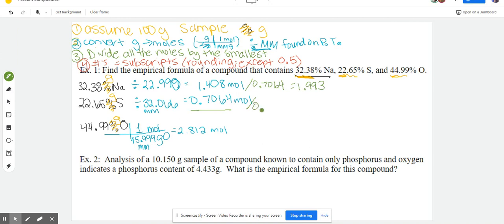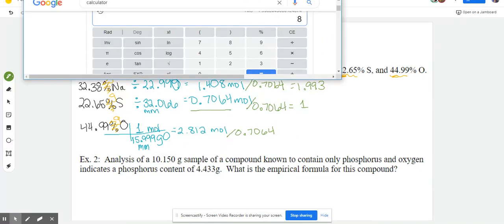This one we're going to divide by itself, so I'm not going to type that into the calculator, because anything divided by itself is equal to the number 1. And then this one we're going to divide by that smallest, which is 0.7064. Let's type that one in: 2.812 divided by 0.7064. So we end up with 3.981.